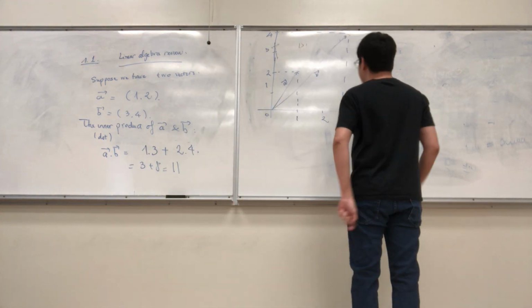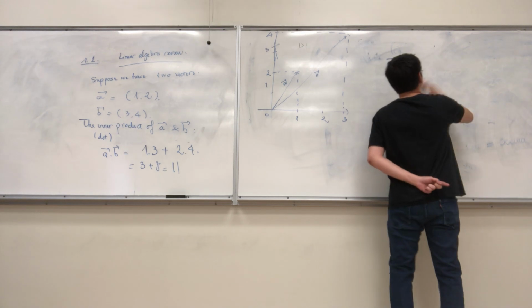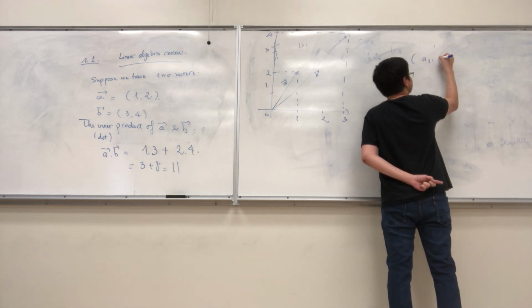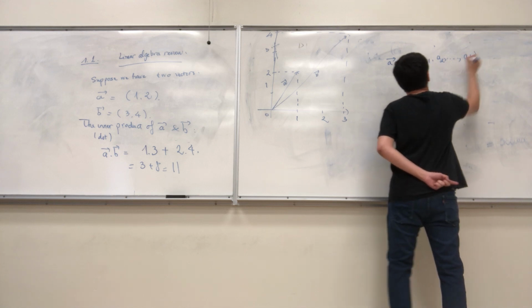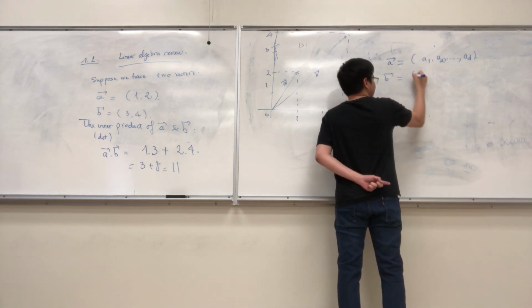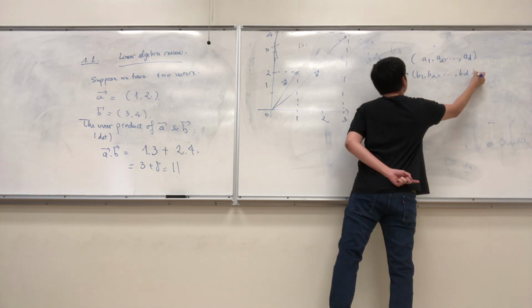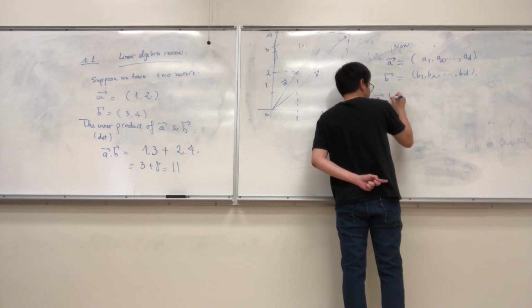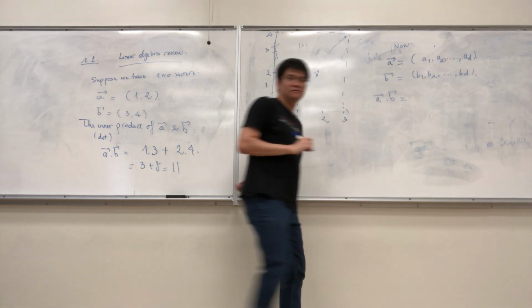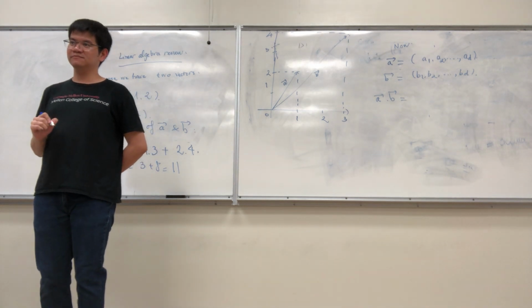Now suppose that A has D components, and B is B1, B2, up to BD. So what is the dot product of A and B? A1 B1 plus A2 B2 plus down to AD BD.